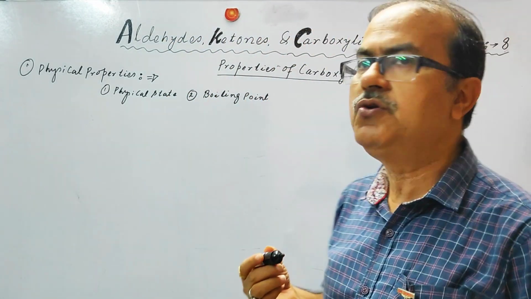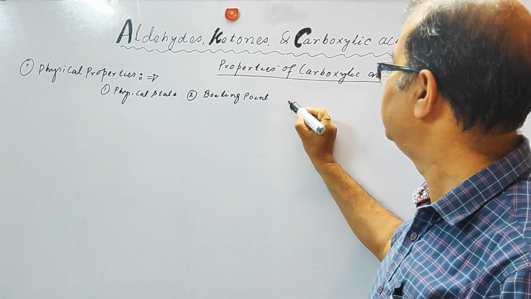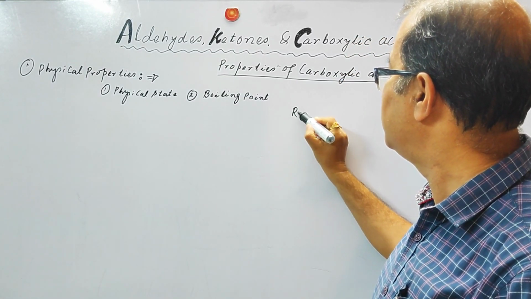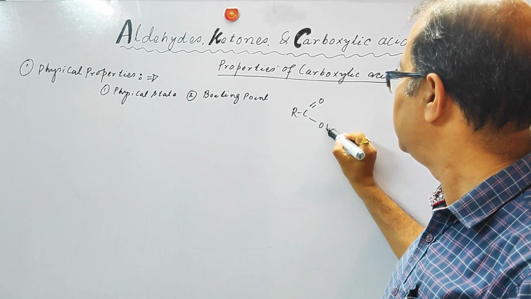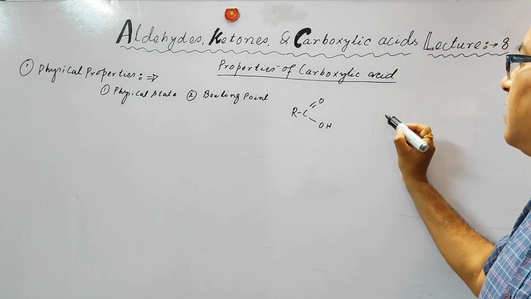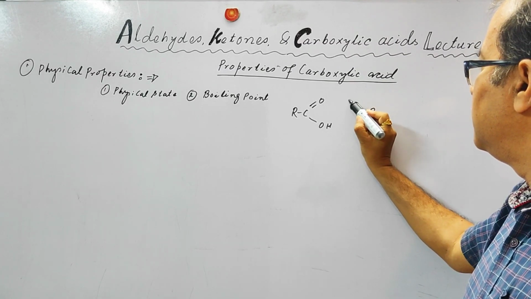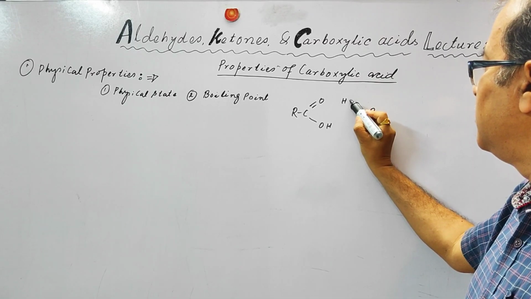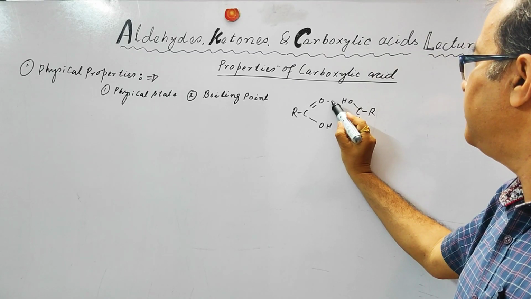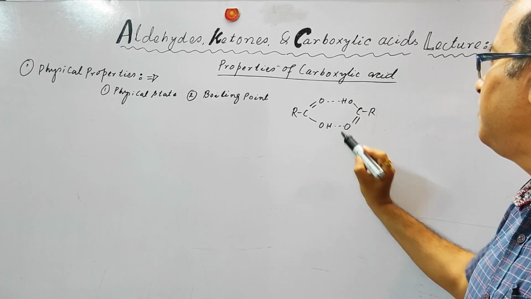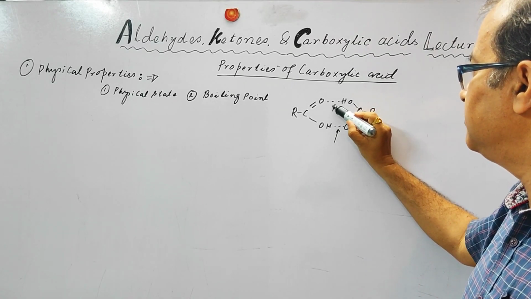Let us understand how the intermolecular hydrogen bonding is present in the carboxylic acid. This is one carboxylic acid molecule and this is another carboxylic acid molecule. And between these two, hydrogen bonding is formed.